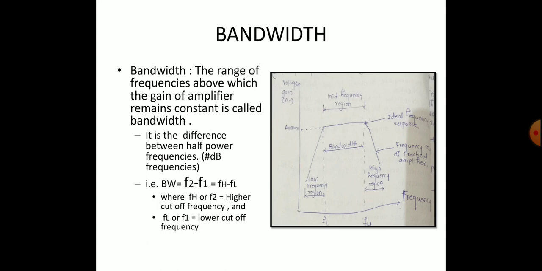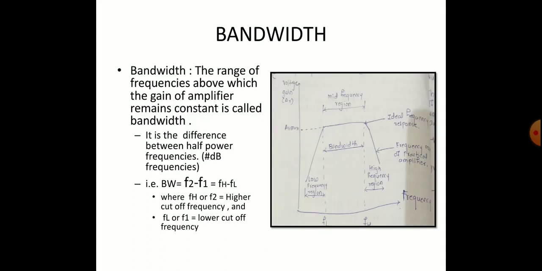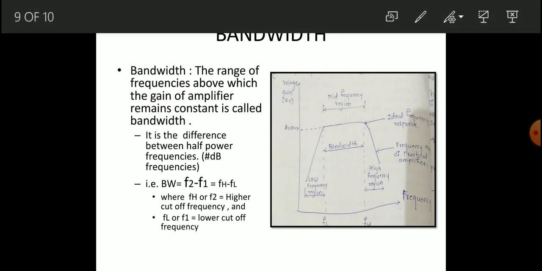Coming to bandwidth. You have already studied what bandwidth is, but let us study once again what actually it is. We can see in the figure, the range of frequency over which the gain of amplifier remains constant is called bandwidth. This constant part is your bandwidth.